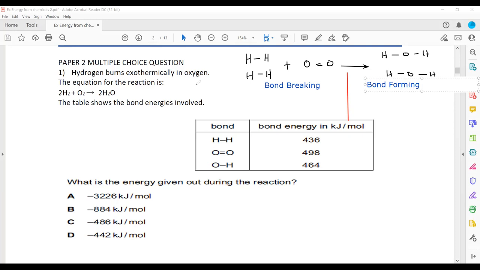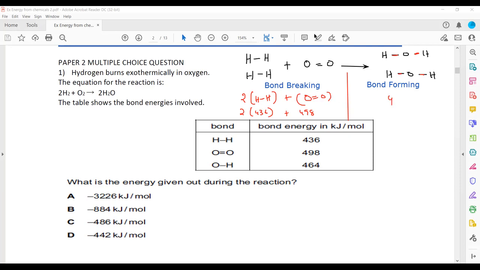So when we substitute the values, each hydrogen bond is 436. So there are 2 hydrogen molecules, plus 1 oxygen double bonded with oxygen. So it will be 2 into 436 plus the oxygen double bond, which is 496. And what about the bond forming? How many OH bonds are there? 1, 2, 3 and 4. So there are 4 OH bonds.